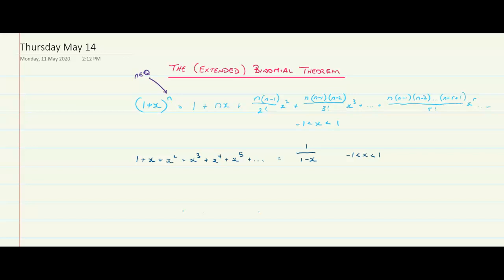And as x increases in power, then if x is between -1 and 1, they're going to fade out of the reckoning, and we are going to converge on a sum. And so that sum is there, 1 plus x to the power of n.